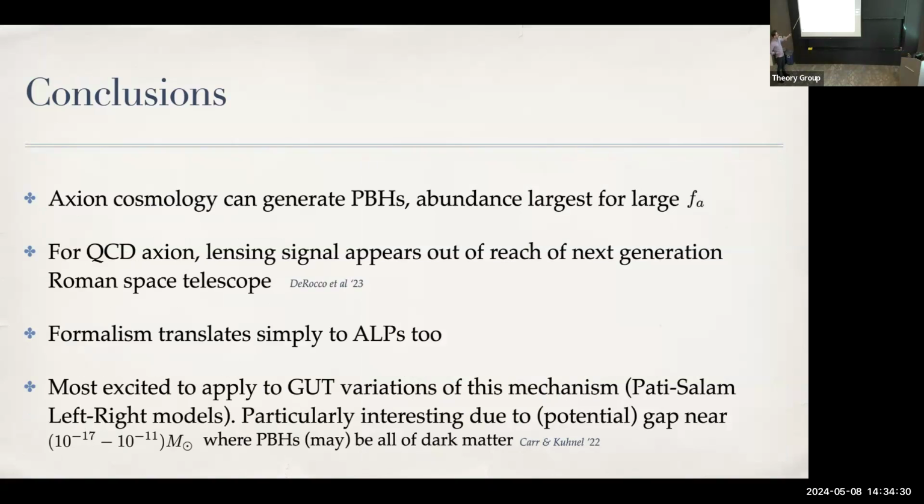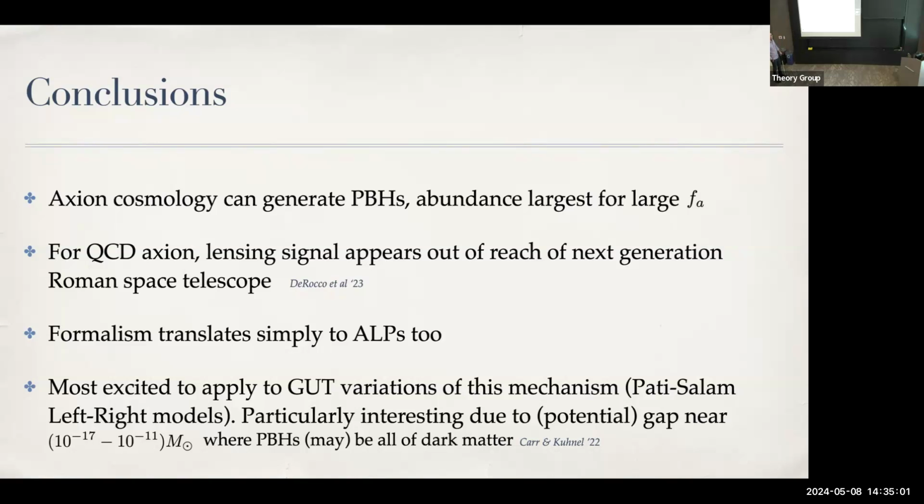For the QCD axion, because of this BBN bound, it's very hard to get FA much greater than a few times 10 to the 15 GeV, which makes it a little bit difficult to get fractions of PBHs within reach of next generation lensing observatories like Roman. However, this formalism applies almost identically to ALPs without necessarily this bound of consistent BBN. So you can have much larger FA for ALP models and get much larger FPBHs that potentially could be observable.